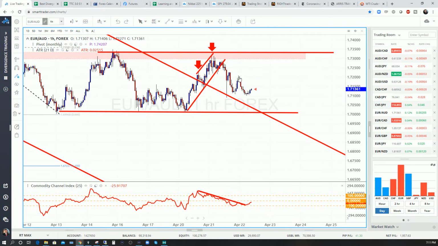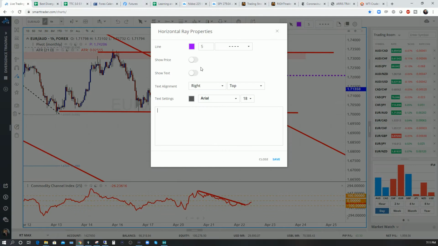But I guess what I could do is put in a level here, at that high. As long as we're staying below this high, I'm okay selling. So let's put this in and say bearish below. Oh, great spelling, Gary.